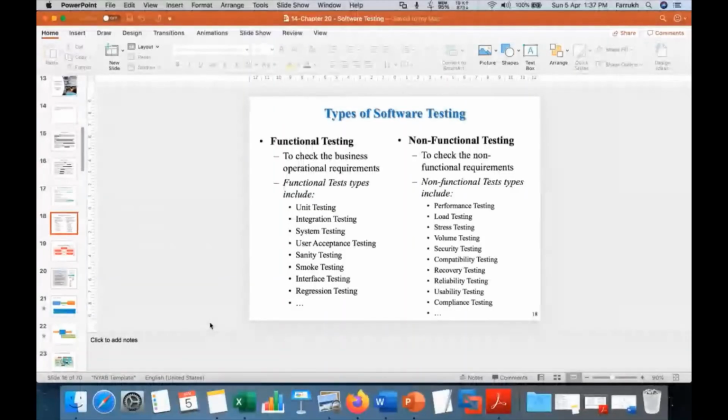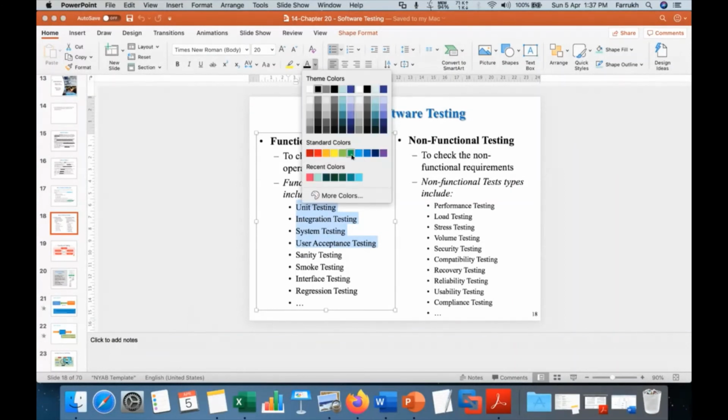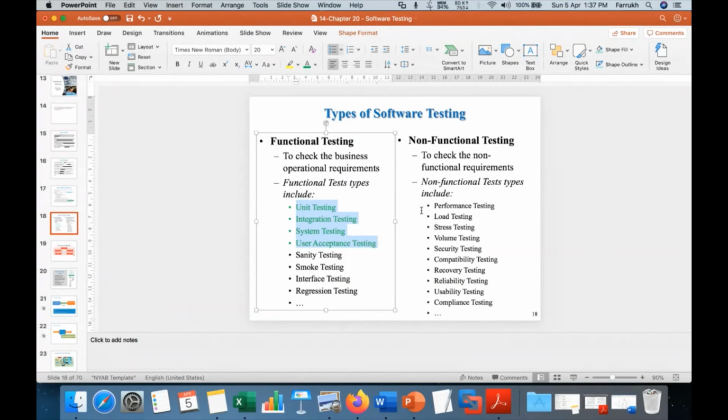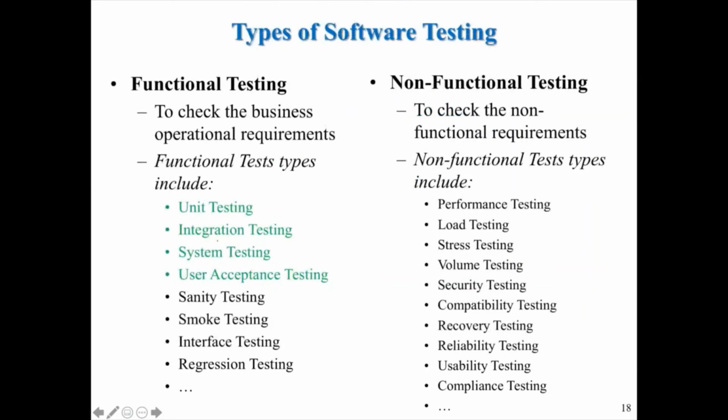In this chapter, inshallah, we will be focusing only on the first four functional tests that I have highlighted here for you: unit testing, integration testing, system testing, and user acceptance testing. There are many more functional tests, but it's not possible to cover them all in one course.